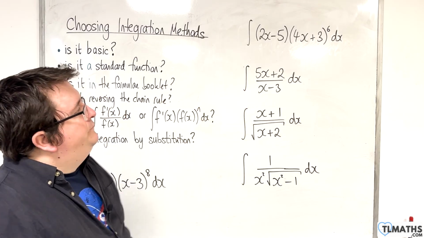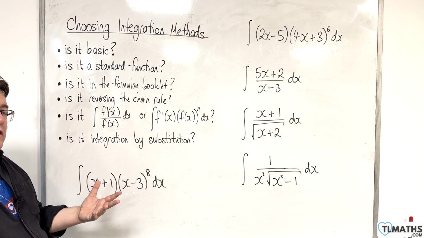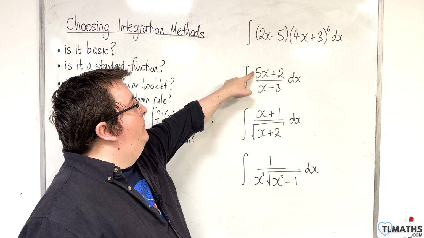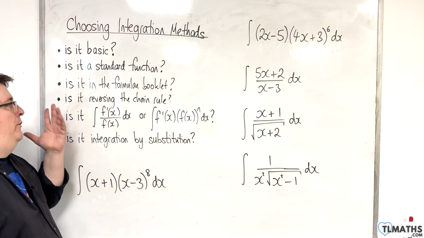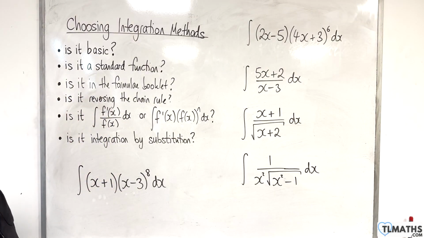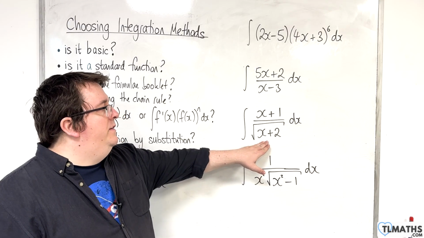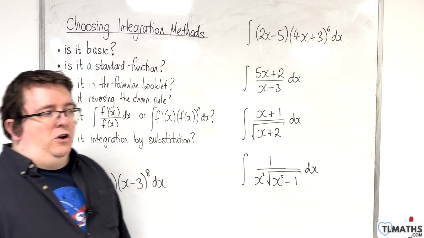This one, you might be thinking, oh, it's a fraction. Does the bottom differentiate to the top? X take away 3 differentiates to 1. That's not the top, or a multiple of the top. So that's out. Same here. That doesn't work either. Bottom doesn't differentiate to the top.